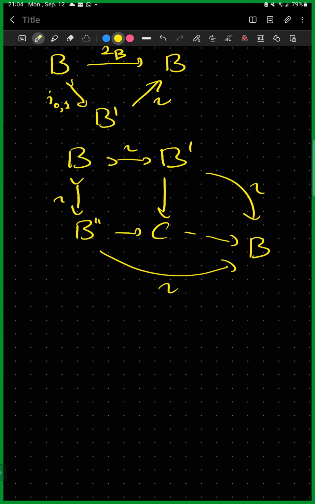Also recall that in the previous talk we established that trivial cofibrations are stable under push-outs, which implies that this map here is actually a trivial cofibration. So considering these three maps and using the 342 property, we see that the map S calligraphic from C to B is in fact a weak equivalence.